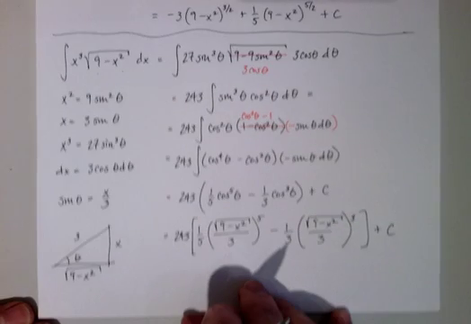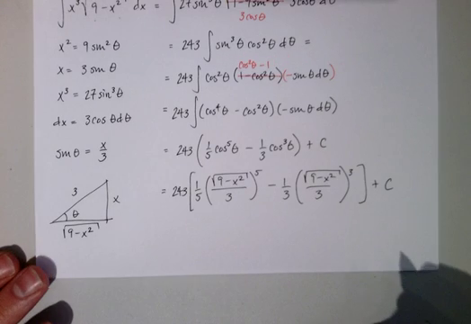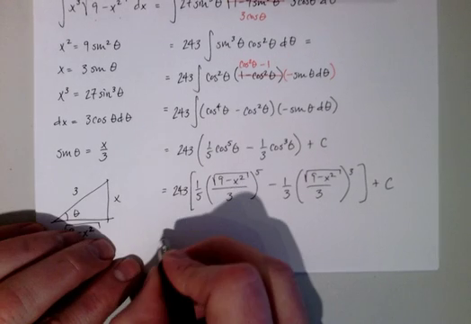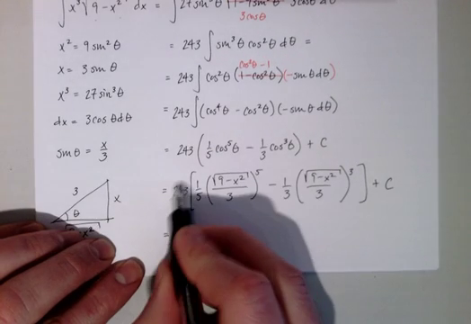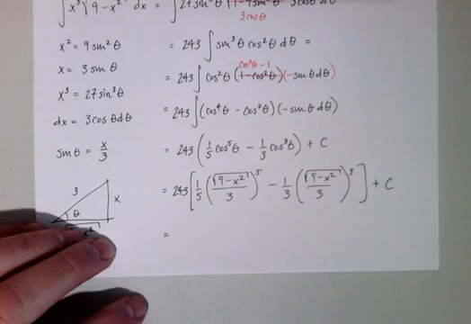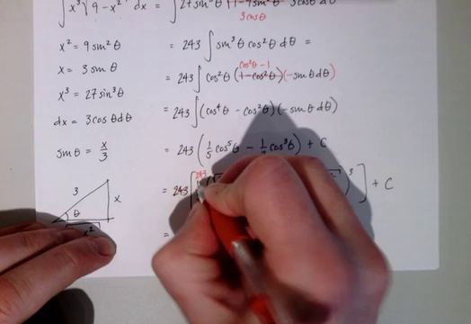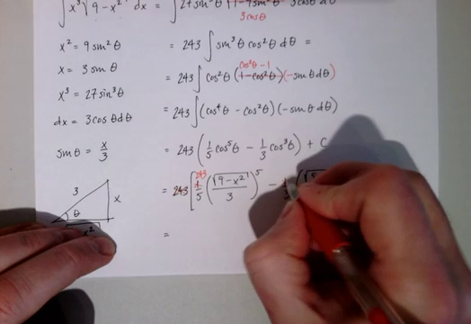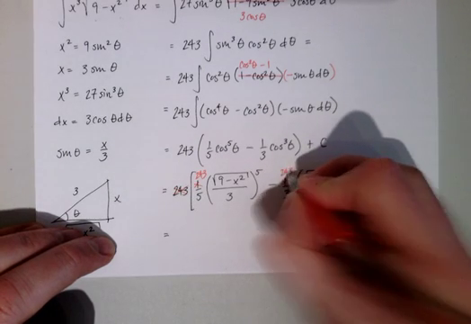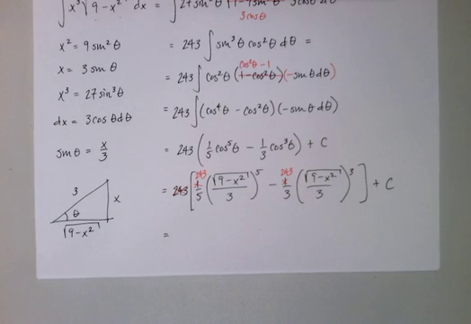Now this is all going to clean up rather nicely, because the moment I distribute the 243, let's go ahead and do that. This winds up being 243 over 5. This winds up being 243 over 3. Okay.